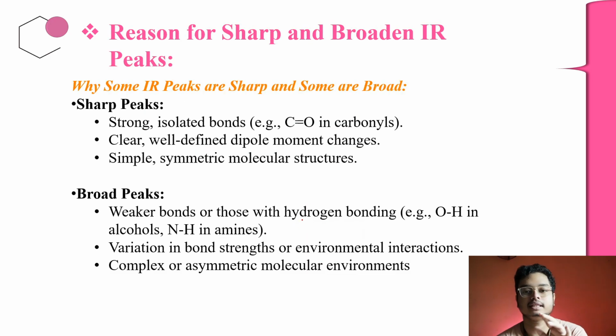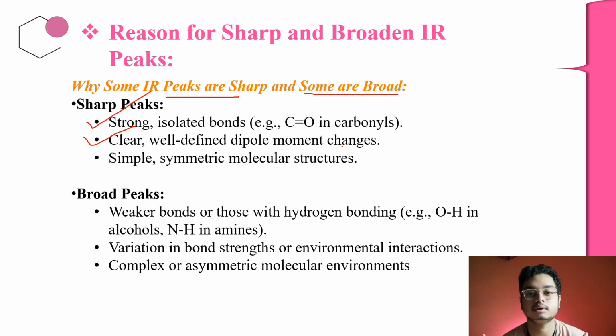Now this is the last part of our lecture: why some IR peaks are sharp and some are broad. Basically, sharp peaks are because of a strong and isolated bond. Also, a clear and well-defined dipole moment change is a prominent reason for getting sharp peaks.